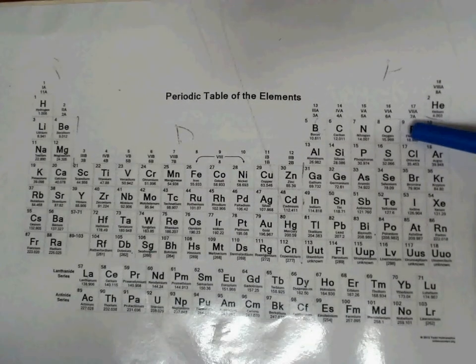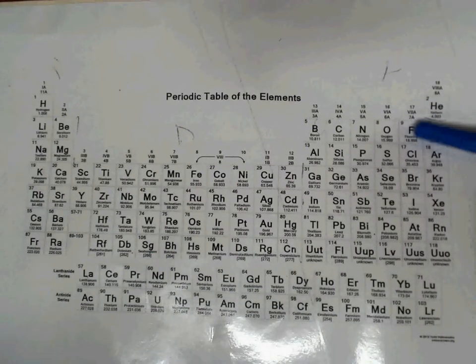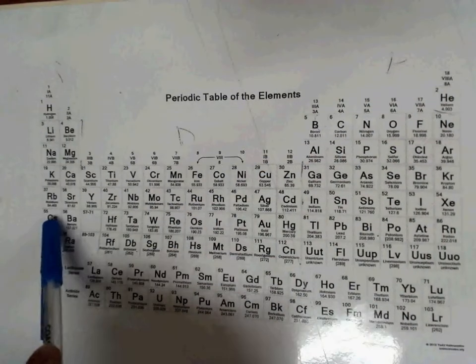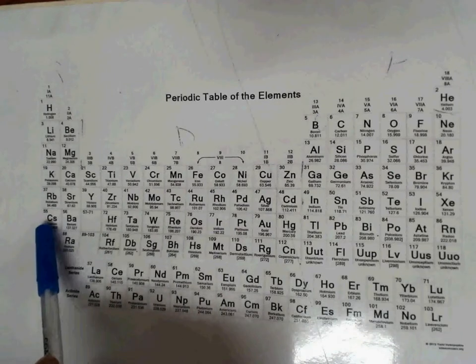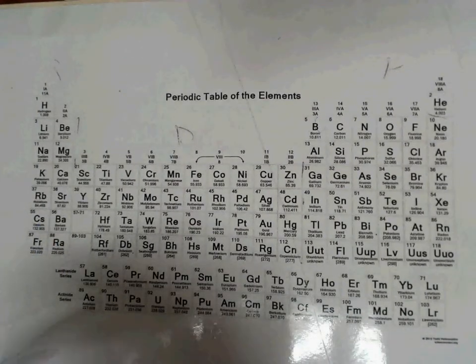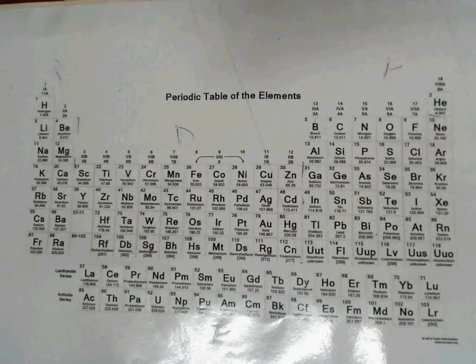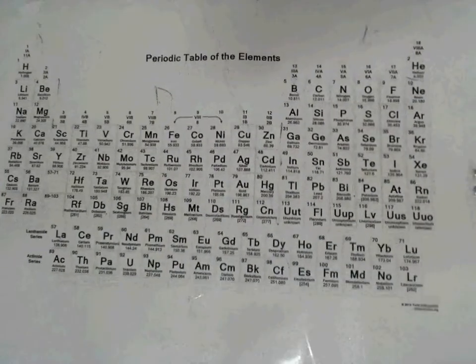So here we have the highest ionization energy and the highest electronegativity because they want to keep their electrons. And cesium has the lowest electronegativity because it doesn't take care of its electrons very much. There we go. All right.